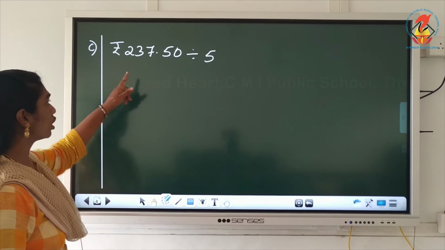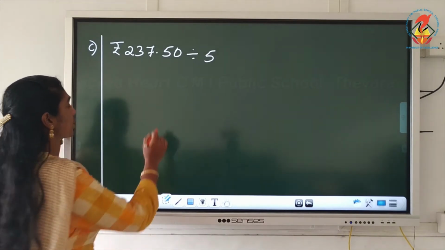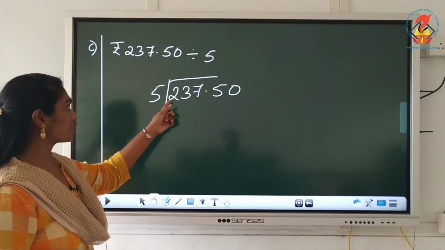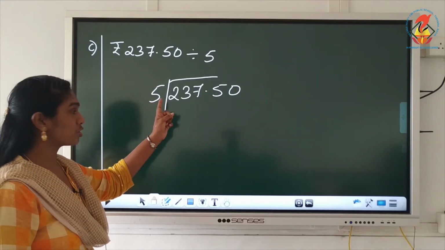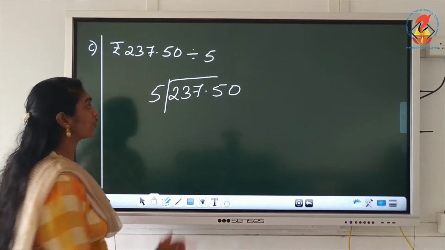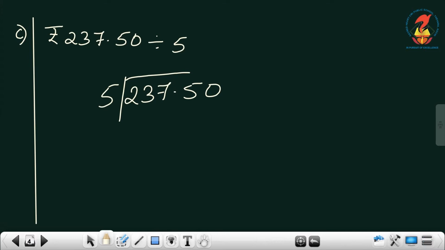Next question. 237.50 divided by 5. 5 table is very easy, isn't it? Starting with 2, you cannot start the division. So you will take 23. 5 table, find a number less than 23. Yes, 4 5s are 20. Now where will I write that 4? Above 2 or above 3?